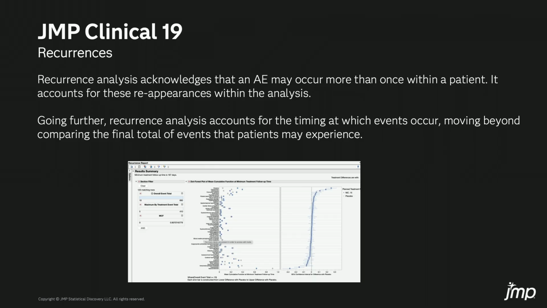Generally, you're looking at counts and frequencies, so you're really not looking on a timeline to decide which patients have had recurring events. This newer report helps resolve those for medical doctors and biostats to really hone in on which patients are having a stronger effect from your drug.